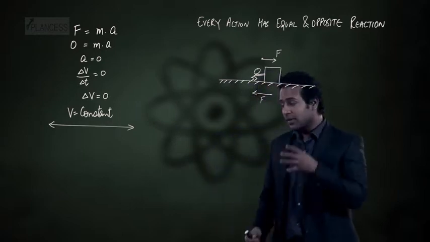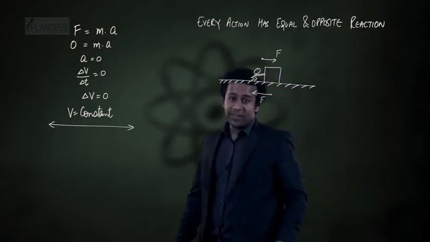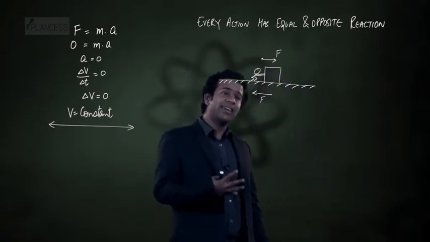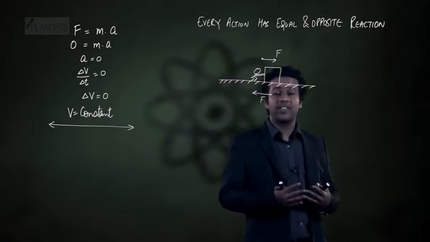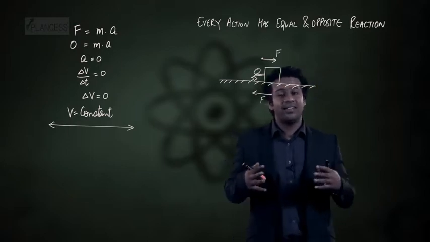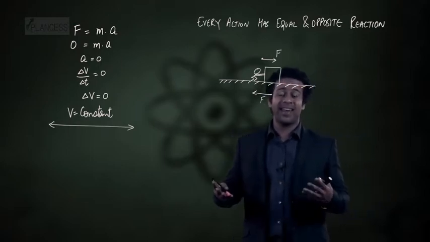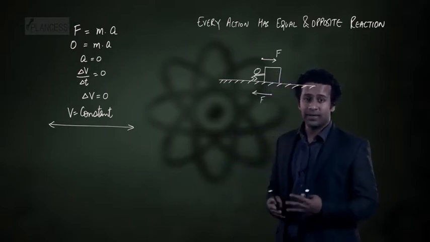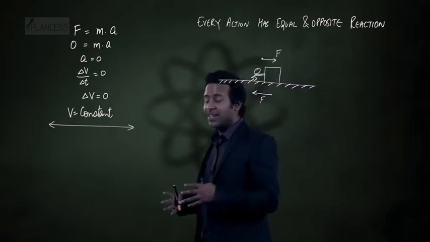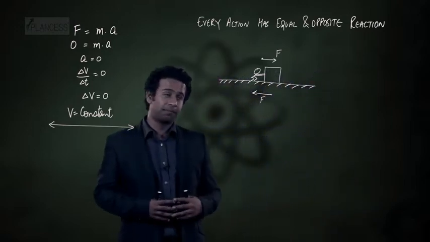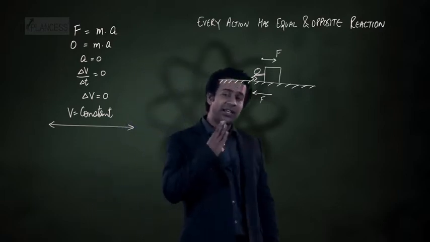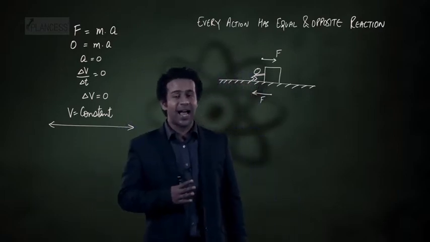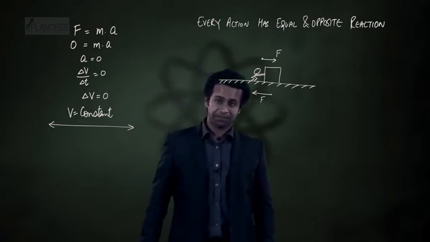Now, if you look at this given situation, you might think that there are two equal and opposite forces which will obviously cancel each other out. Hence, there is no net force, and hence there should be no movement, right? But this argument is wrong. The reason being that these two forces, which are equal and opposite, are not acting on the same body.